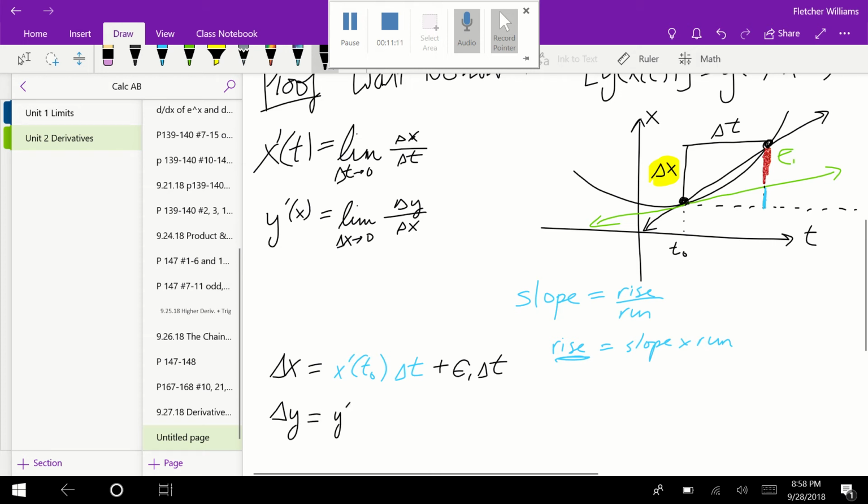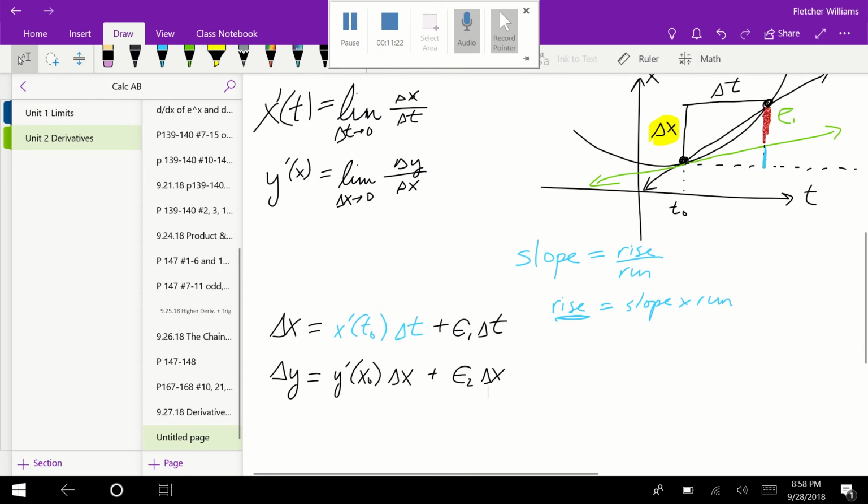It would be written like so. Okay? Now both of those equations can be factored. So the first one you can take out a delta t. The second one you can take out a delta x.